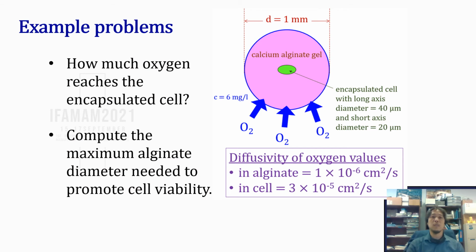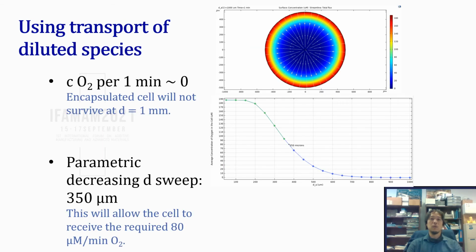The interface can be used to determine if oxygen coming from the medium reaches the alginate encapsulated cell at the sphere center, and also obtain the maximum alginate diameter to ensure cell survival. In the cross-section of the alginate in gel, the dark blue represents zero oxygen concentration where the cell is located.